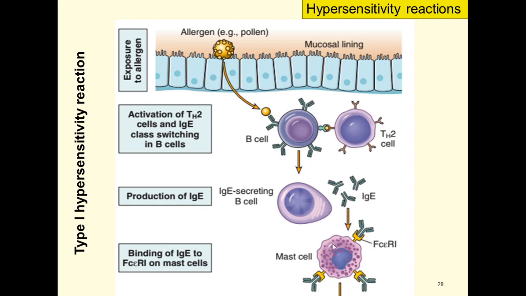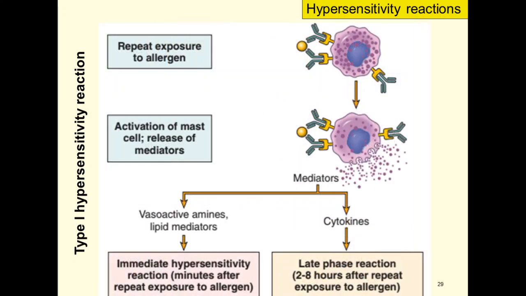As you see, the mast cell contains a lot of pinkish granules. These pinkish granules are histamine. And next, the final step actually, repeat exposure to the allergen. I emphasize, I underline this situation: only repeat exposure gives us clinical manifestation.